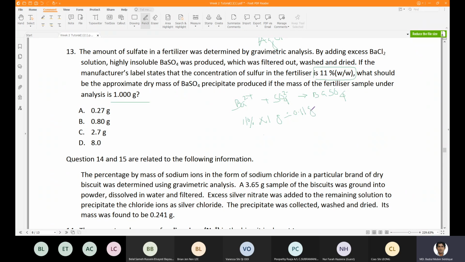Gram of fertilizer. So 11% means 0.11 gram of sulfur should be in the sample. So the number of moles of sulfur in that 0.11 gram.